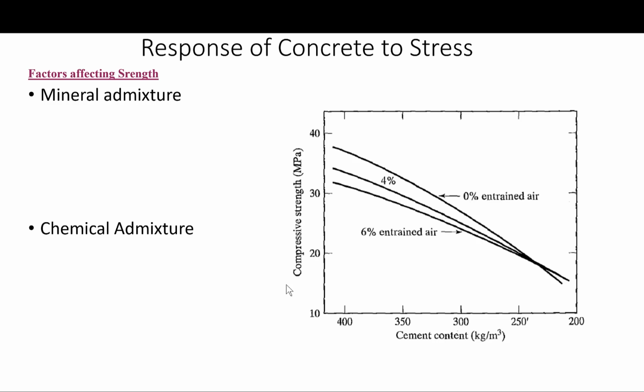For chemical admixtures, they per se have very little effect on strength of concrete, except as they affect the water cement ratio or the porosity. For instance, air entraining agents principally affect concrete strength due to the increase in porosity, as shown here in this figure. Even in this case, however, the reduction in water content obtainable through the use of entrained air may usually result in an increase in strength for concretes with low cement contents, designed for constant workability.